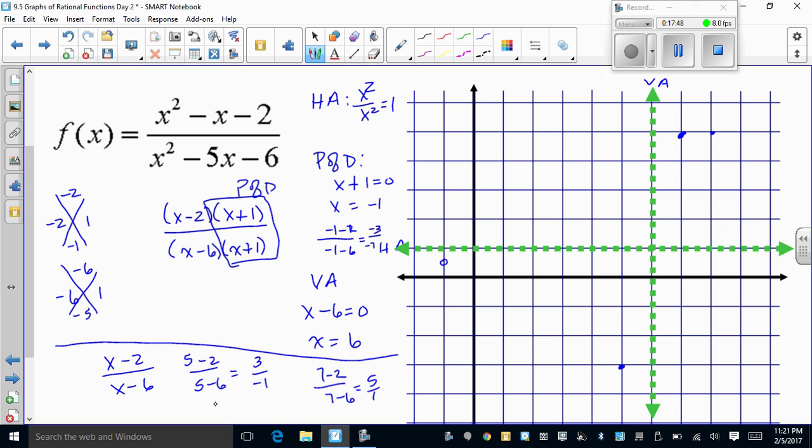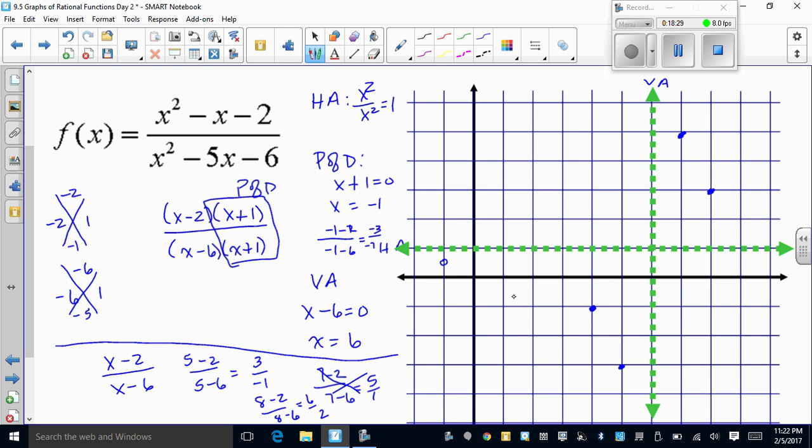Oh, this is a 7, this is 8. Six, 7, 8. Okay, so 8 minus 2 over 8 minus 6 gives me 6 over 2, which is 3.